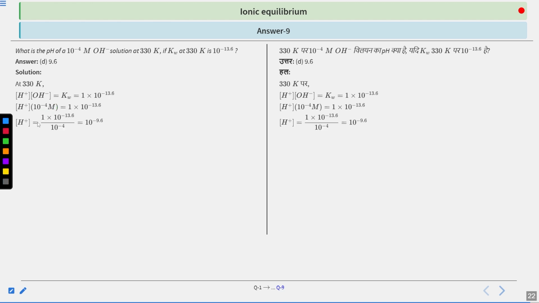That will give you the concentration of H plus as 10 to the power minus 13.6 by 10 to the power minus 4, or 10 to the power minus 9.6, which is your H plus concentration finally. But here we have to calculate the pH. So pH is equal to minus logarithm of this H plus concentration, that is 10 to the power minus 9.6. If we take the logarithm, it will give us 9.6 as the correct pH.